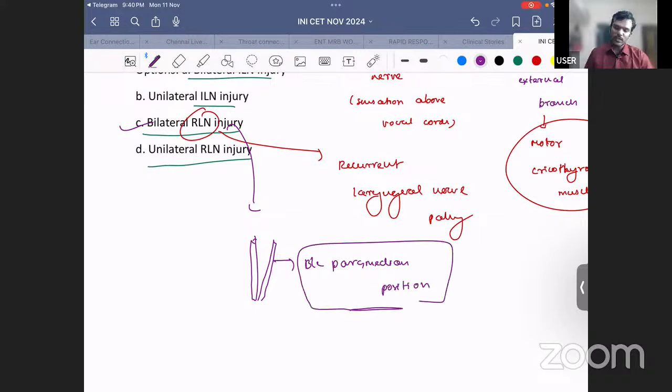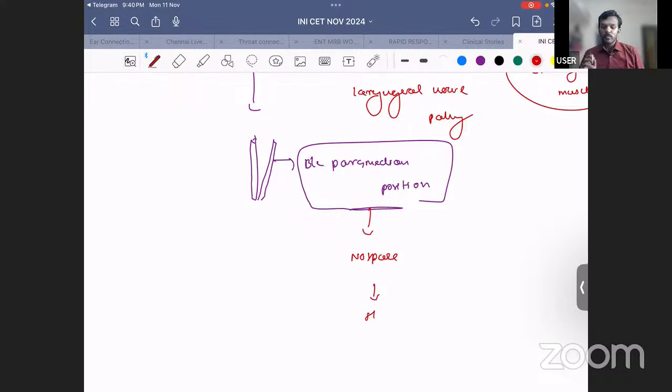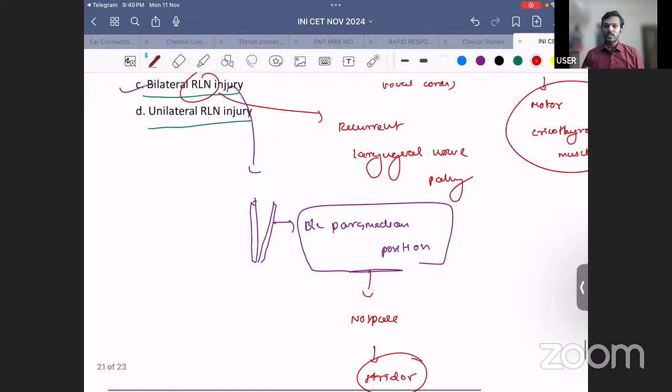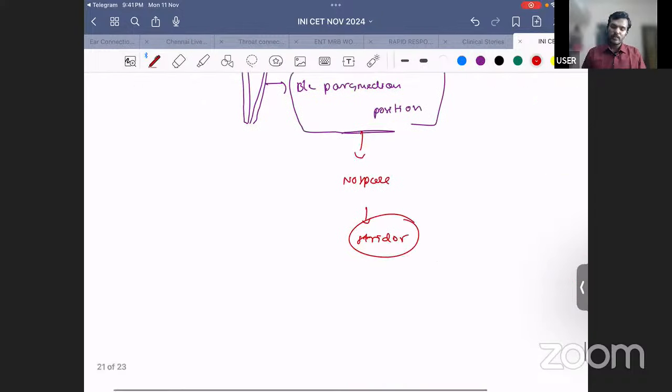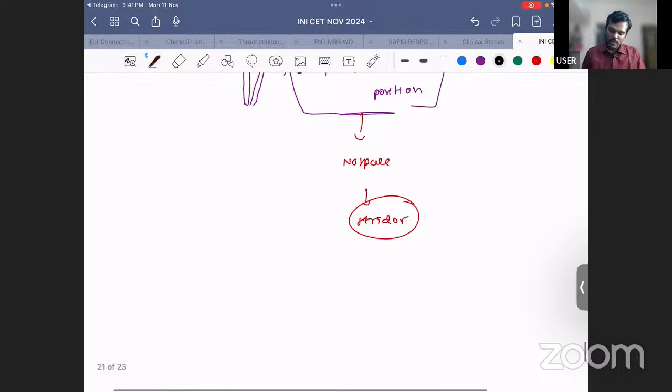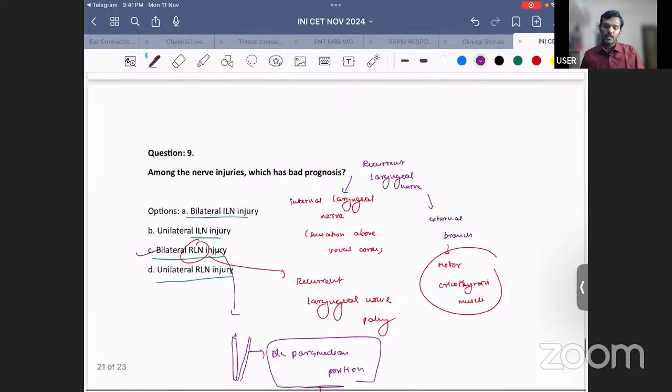So there is no space for breathing. That results in stridor. That is the reason for the bad prognosis, because the patient can go into stridor and acute respiratory distress. So we immediately need to do an emergency tracheostomy. All right. Fine.